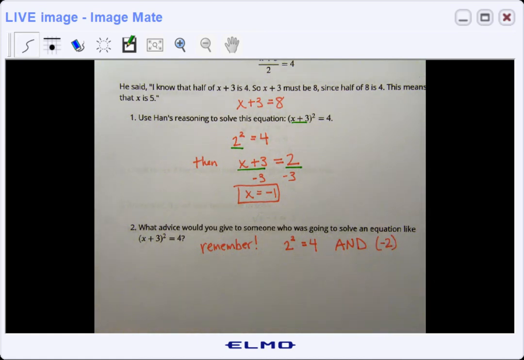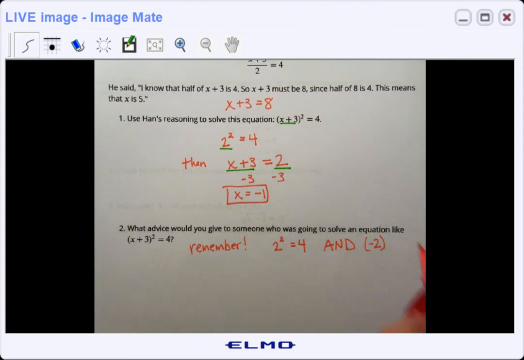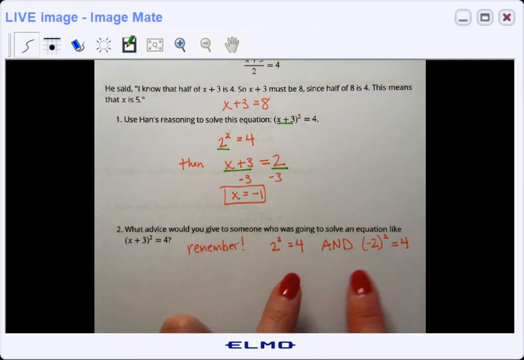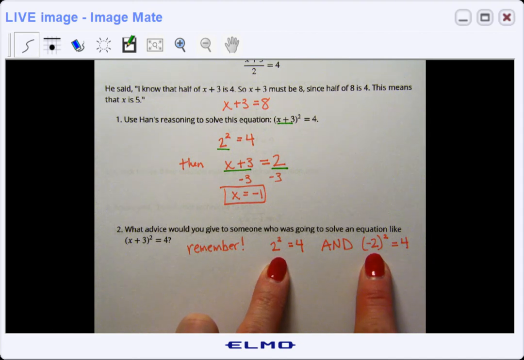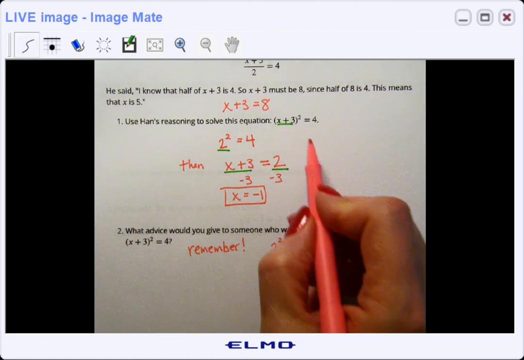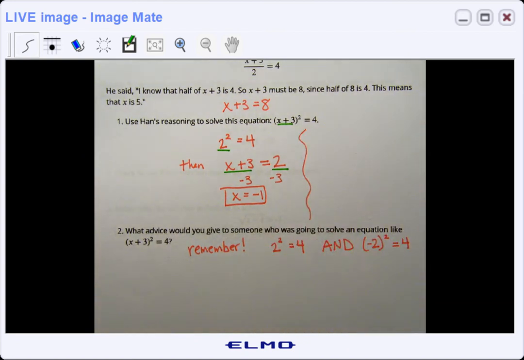Notice I put parentheses around that because this is proper notation. If you didn't have parentheses, the actual answer here would not be 4. It would be -4. Okay, so when we square these values, multiply them by themselves, we get an answer of 4.